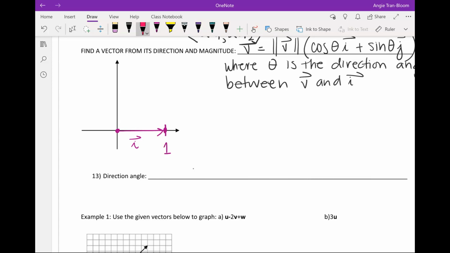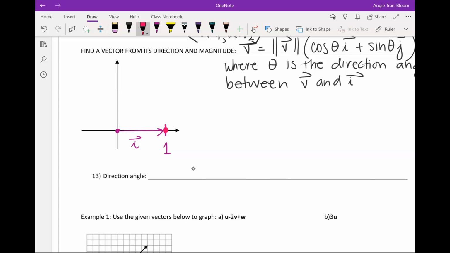I'm going to add that to vector j. How do I add vector j? Where would I start j and where would I end j? How do you add vectors? That's right, you're going to continue at the end. We talk about j being vertical. So we're going to deal with positive ones now. So we're going to go up j.